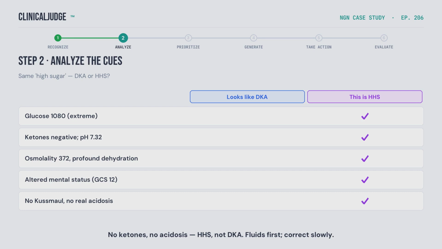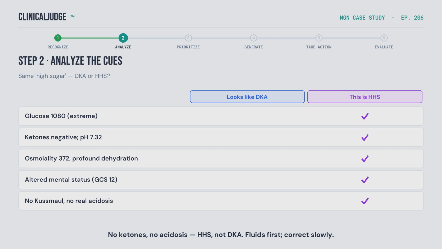A glucose over 1000 is higher than a typical ketoacidosis. An osmolality of 372 is profound concentration. The altered mental status fits the hyperosmolar picture, where confusion tracks the osmolality. And here are the deciding findings, the ones that are absent. There are no significant ketones, and there is no acidosis.